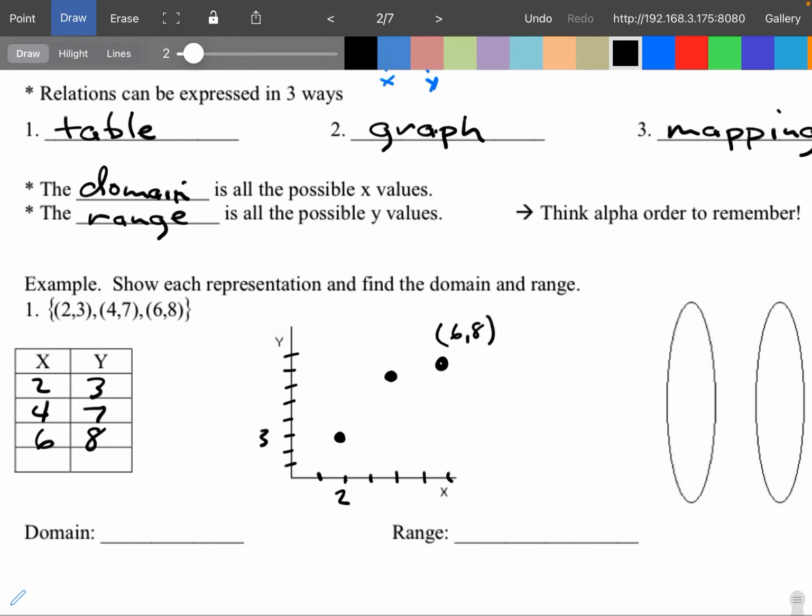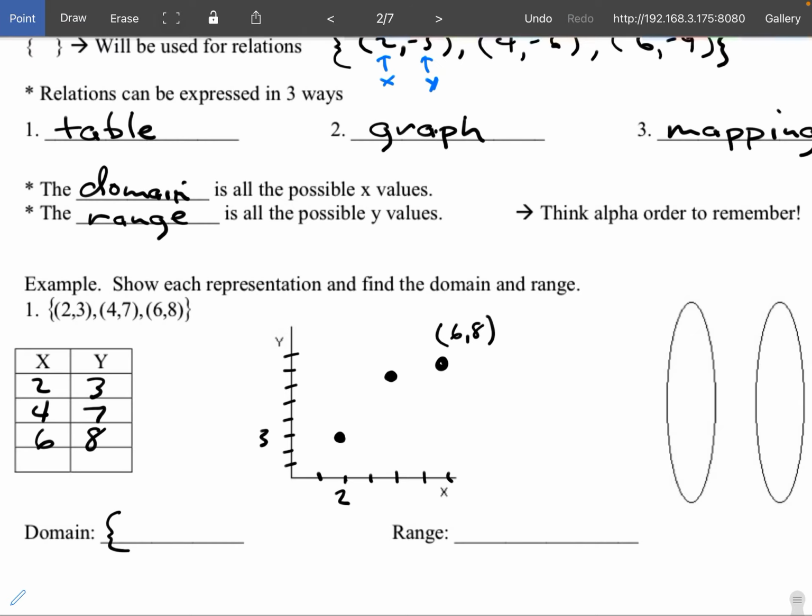So 2 goes with 3, right? This point right here, if you want to label it, that's 6 comma 8. All right, so that's the graph. Again, there's 3 separate discrete points.